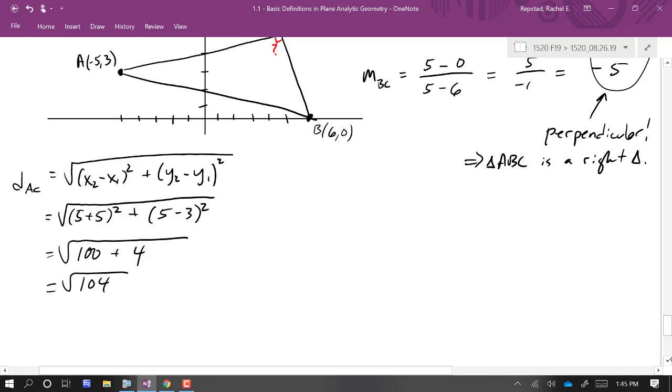You could get an approximation on your calculator, but I think we're going to get a pretty convenient result at the end of this if we simplify.